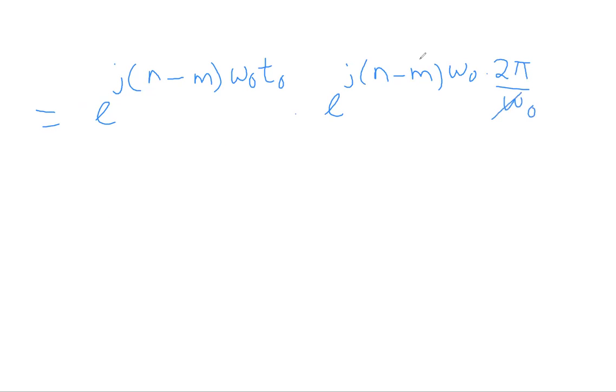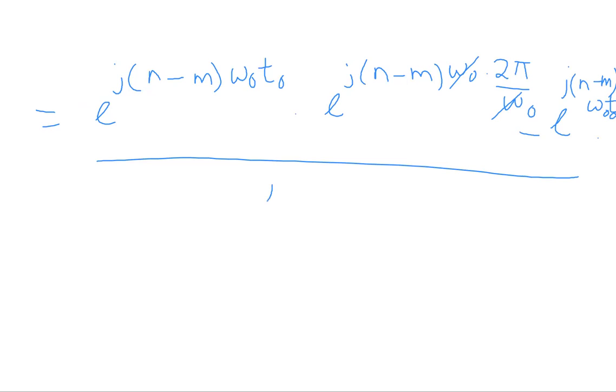The omega 0 will get cancelled, and what remains is only 2 pi. So minus, there was already exponential j n minus m omega 0 t0, divided by the whole j n minus m omega 0.